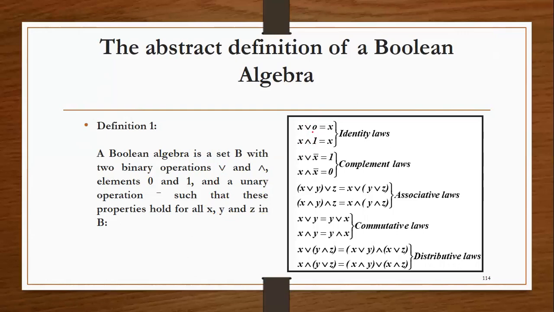So for this, x OR 0 will give us x and x AND 1 will give us x. Instead of 0, 1, if you replace it with false and true, it will be basically your logical equivalences of unit 1. So try to verify the same using the laws.